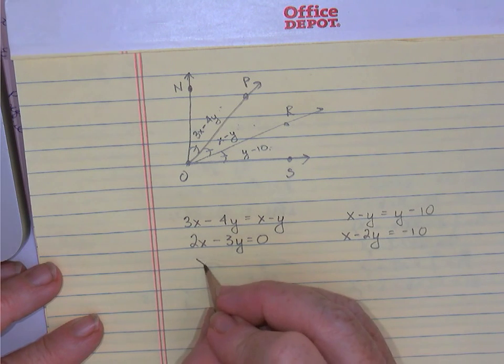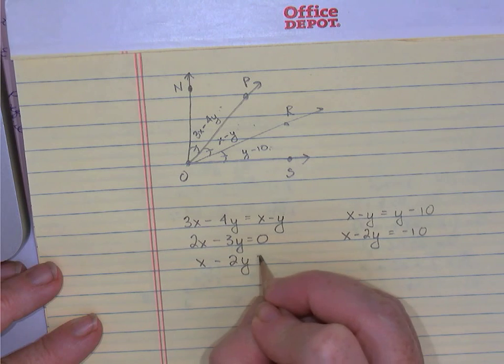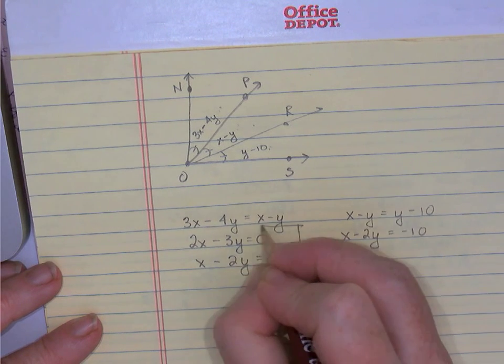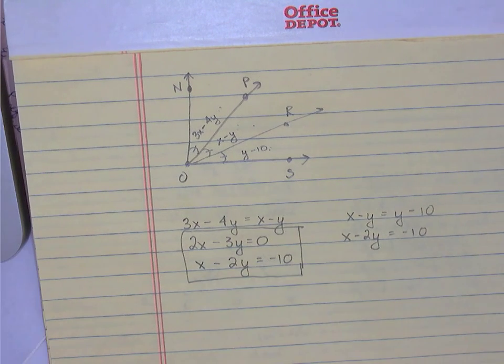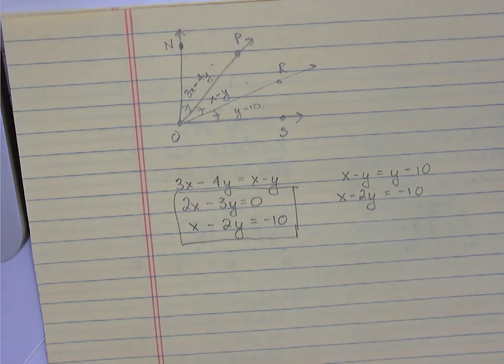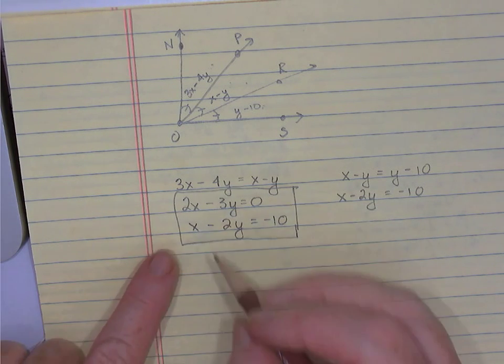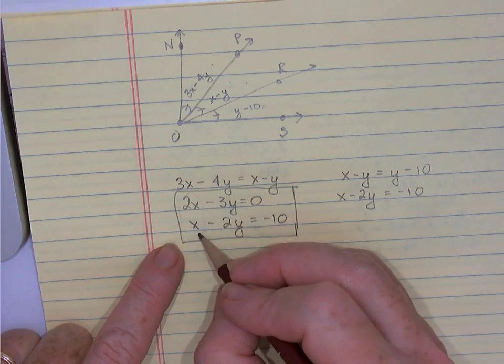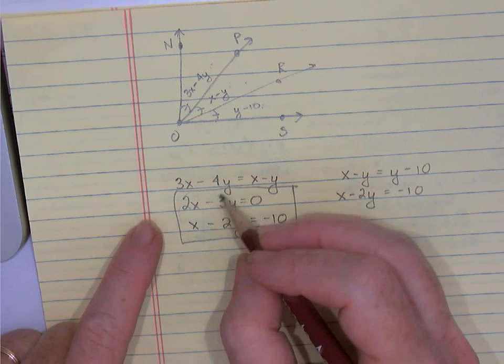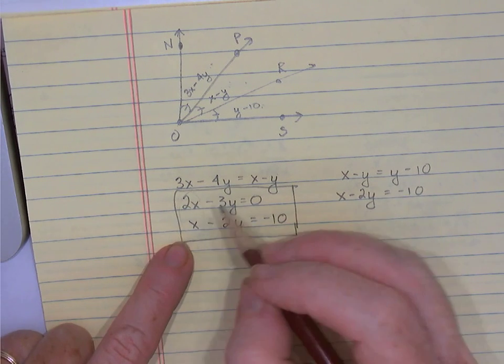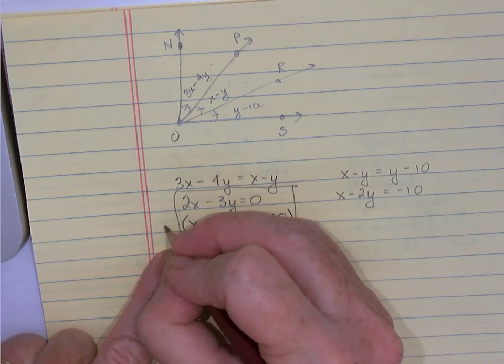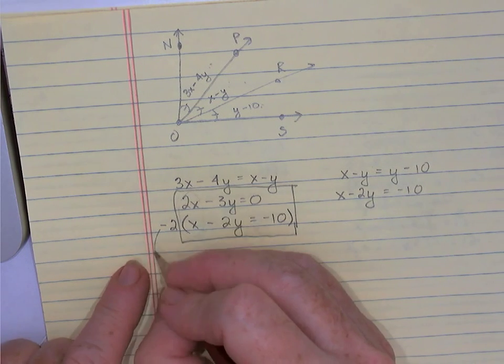So my system of equations now is that. And now to solve a system of equations, you need to remember substitution or elimination. Frankly, I kind of like elimination, so I'm going to go for eliminating my x's, since this is a 2, I would like this to be a negative 2, so I'm going to multiply that entire equation by negative 2.